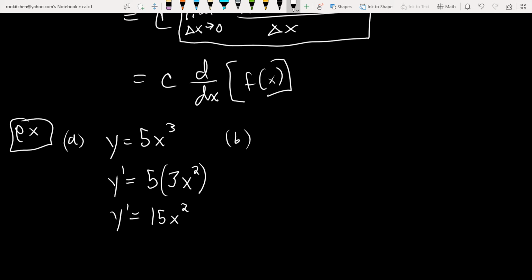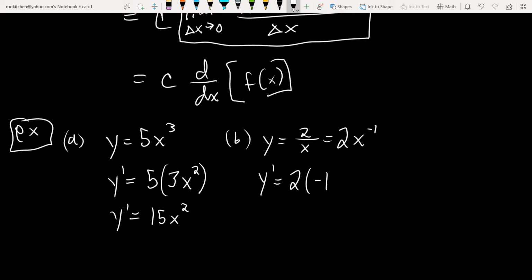Okay, keep on moving. Let's say y equals 2 over x. Okay. So first rewrite it so you have something you could work with. So 2 over x is the same as 2x to the negative 1. Okay, so don't forget all your exponent rules. But y prime, leave the 2 alone and take the derivative of x to the negative 1.